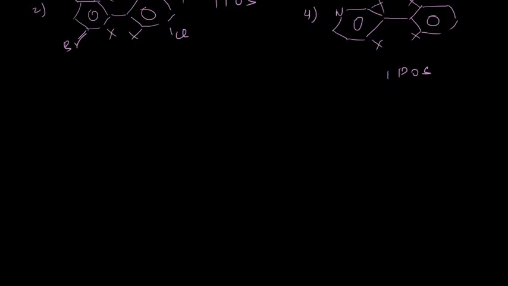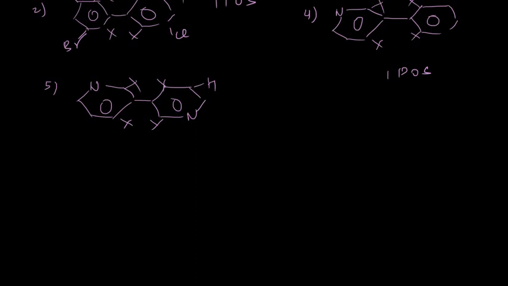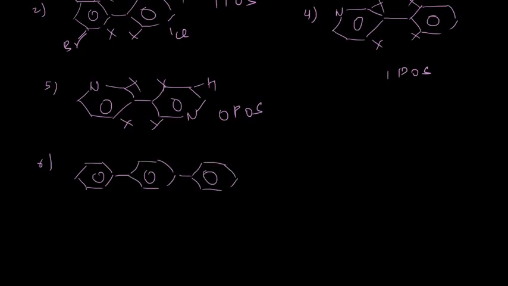Now if I use nitrogen on both sides, hydrogen we have over here, we do not need to represent hydrogen, then it is 0 POS. Sixth, if I write hydrogen and chlorine, then it has 2 POS.